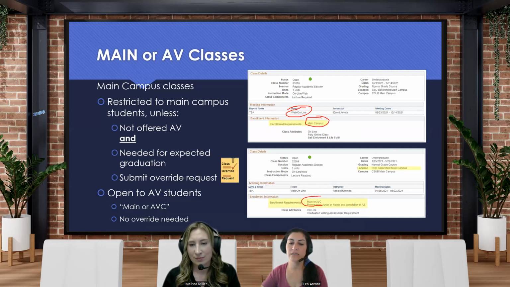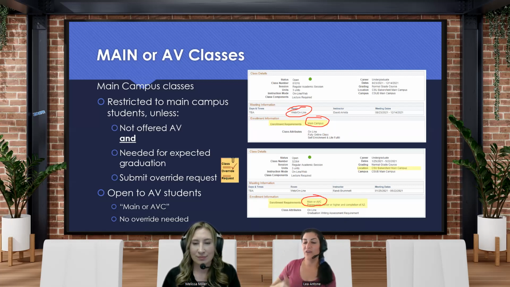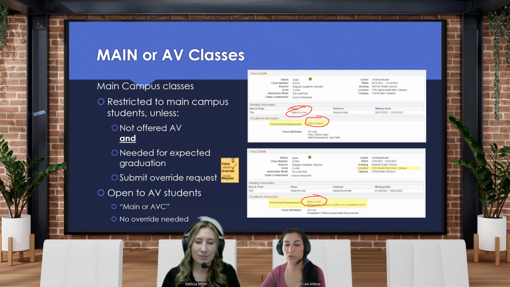You're going to see that it says it's either open to main campus students or AVC. Now, AVC here means Antelope Valley Campus, not Antelope Valley College, but it does mean that our students are able to enroll in these classes without the need of an override. If you are unsure, you can always ask us during your advising appointment, or you can come see us during walk-ins and we can clarify for you if you are having issues with adding any of these classes.